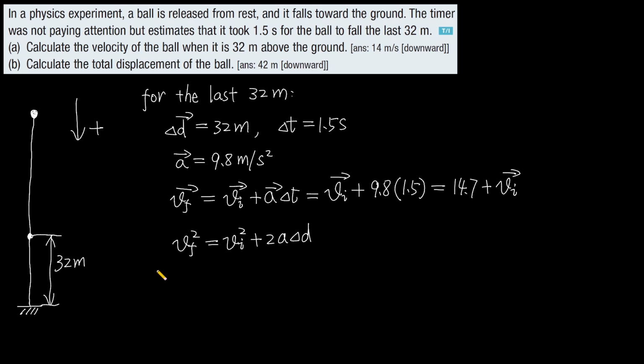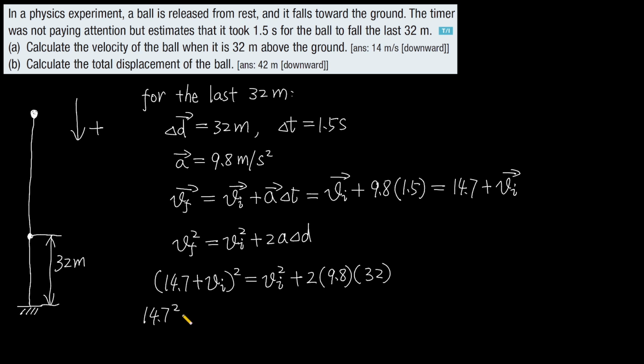So the left side is (14.7 plus the initial velocity) squared equals the initial velocity squared plus 2 multiplied by 9.8 multiplied by the displacement 32.